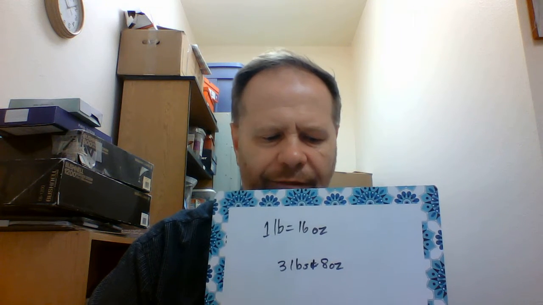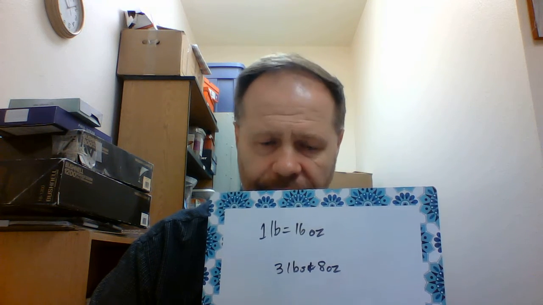And what was the other part? 8 ounces. All right. So you already have some ounces here. Remember what the original thing that we read was, that last sentence. How many total ounces were there? So we have 8 ounces already. Now we've got to take that 3 pounds and convert it into ounces.